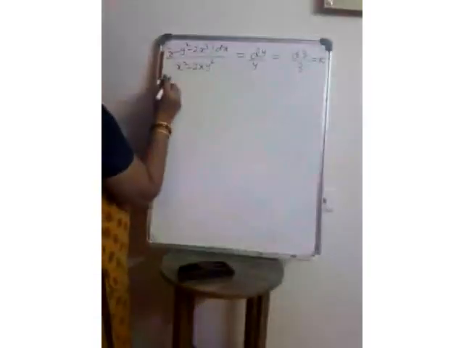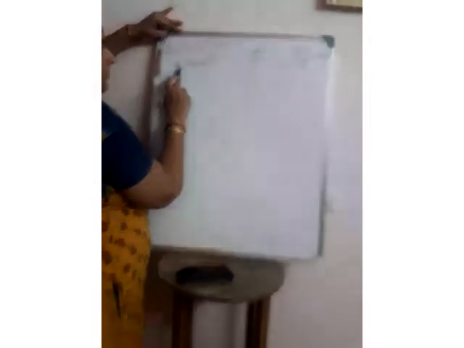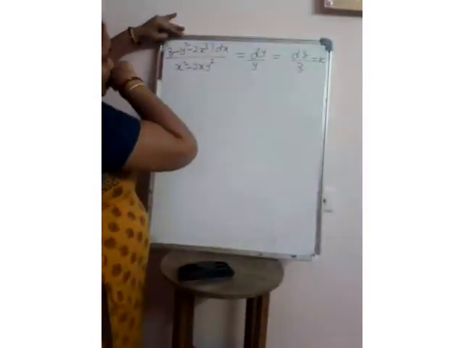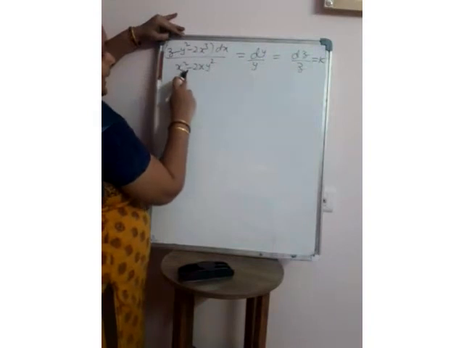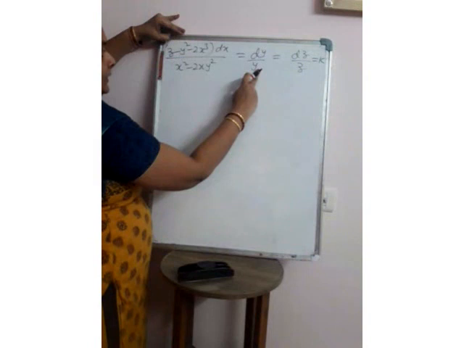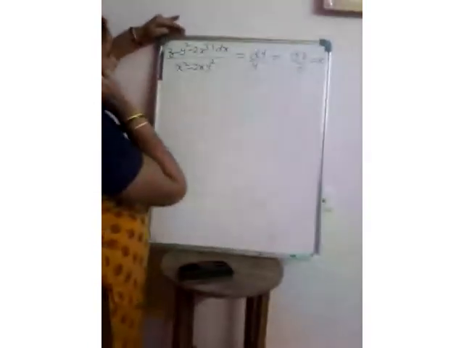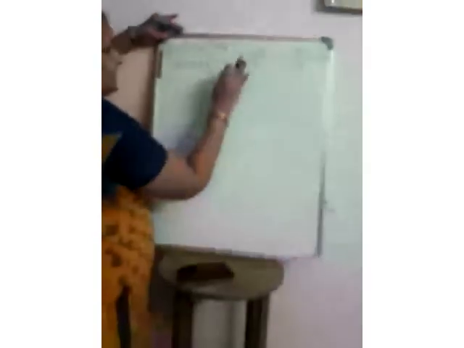So what will the value of this become? We have here x square. If you multiply this value with y, and this value with xy, here we should get the value as z. So we try to find different combinations in these terms in such a way that it will become 0.